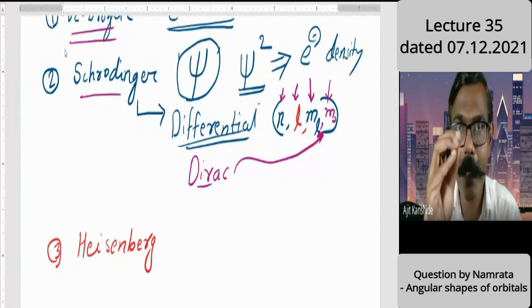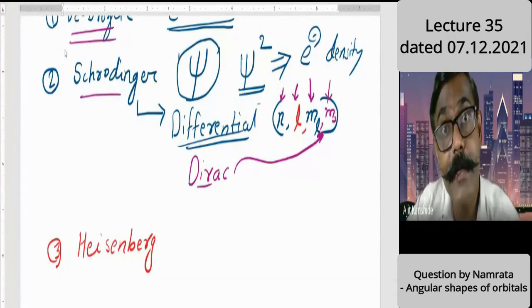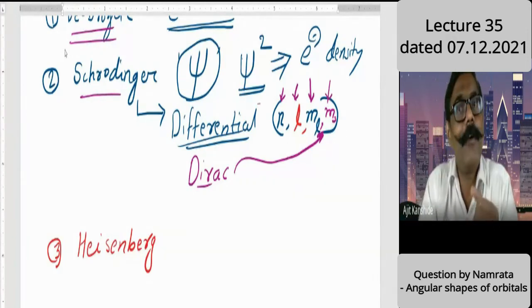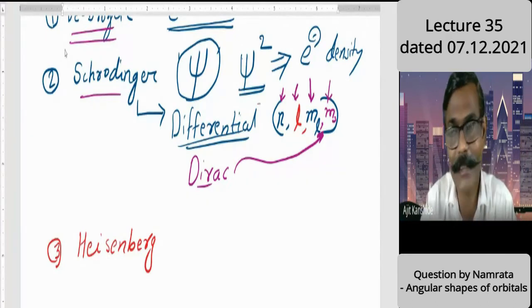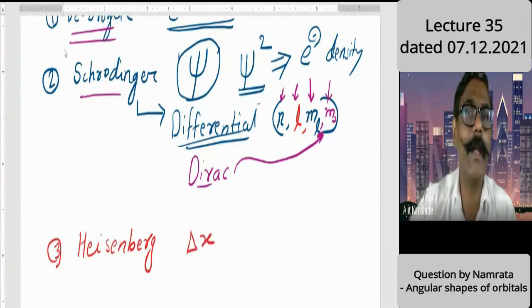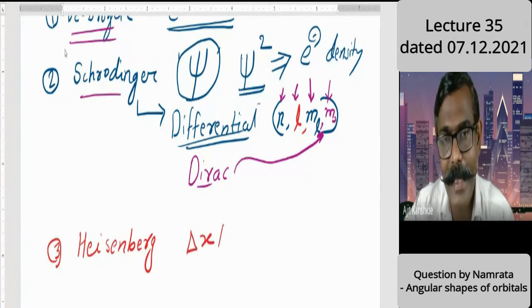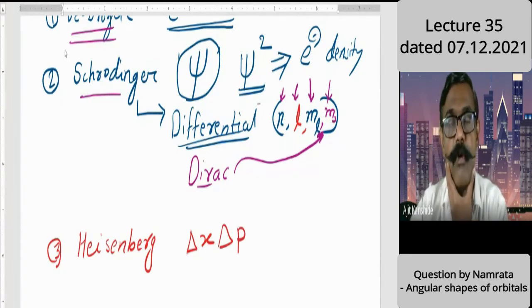Exactly locating that electron, and by the way, finding its momentum, because electron is not static. Electron is not at one place. It is changing the place. So exact position is not possible, so error will be there in its measurement. Exact momentum is not possible, so error will be there in its measurement.